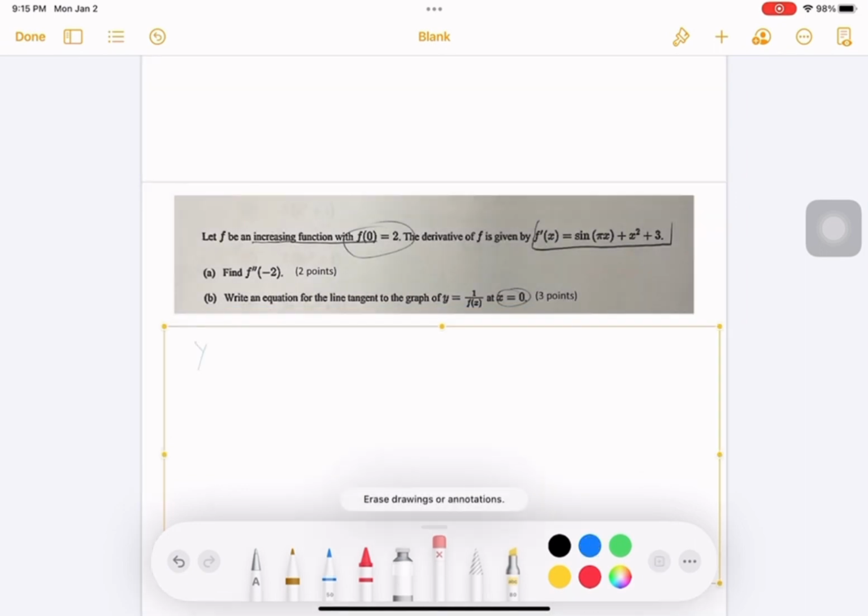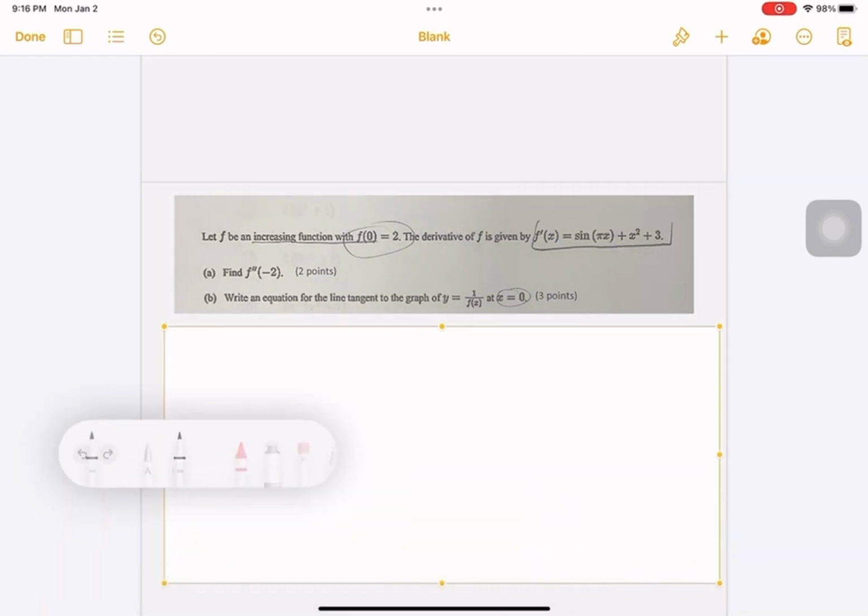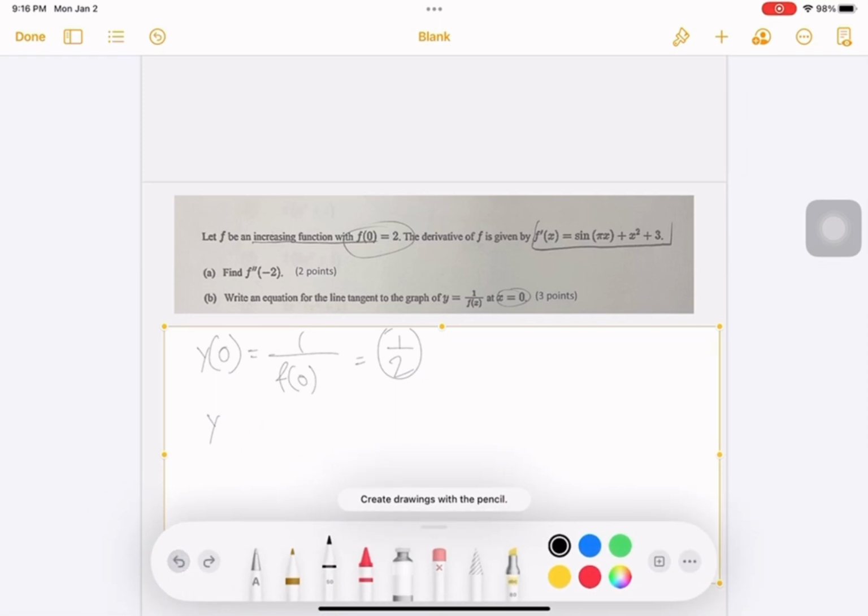So y of 0 is going to be 1 over f of 0, and that is saying that f of 0 is 2, so 1 over 2. So that is our y at 0. But now we have to find y prime of x, or just y prime in this case.